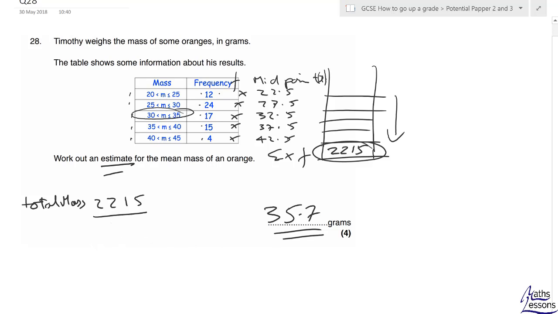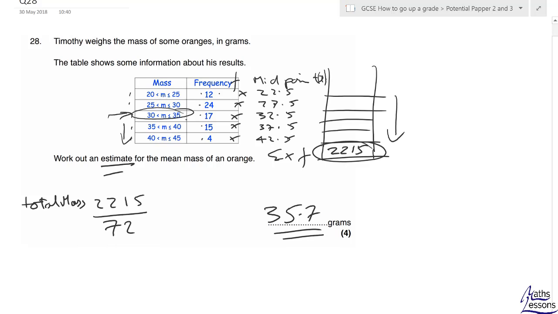Now, let me just go through how I spotted I'd made a mistake there. What had happened was, I'd realised that this is the middle value, round about here, 32.5, and yet my average had come out at more than 35.